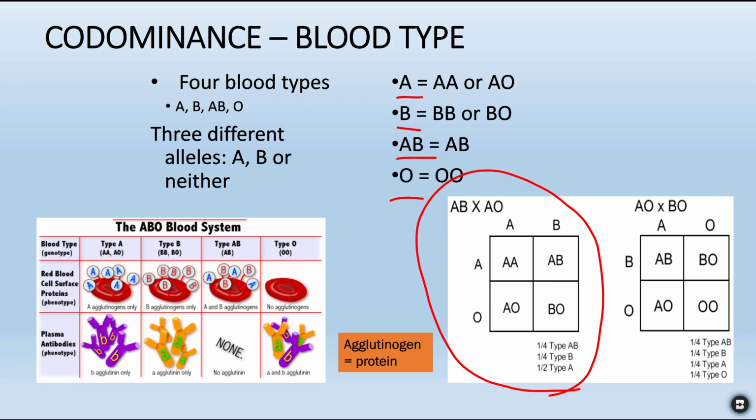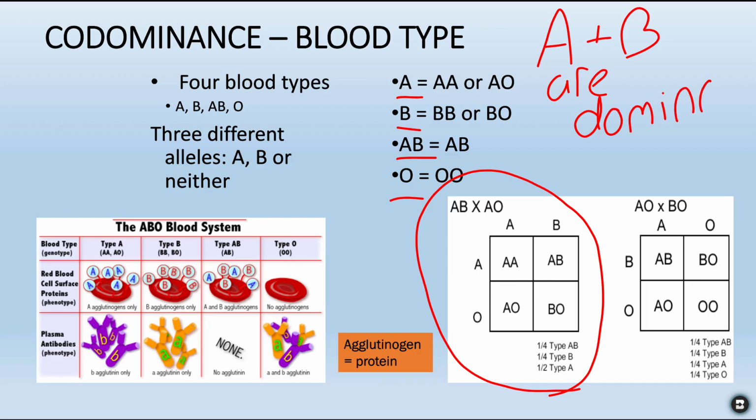Blood type is an example of codominance because both the A and B are dominant. So if there's an example like here where a child inherits a dominant A and a dominant B from a parent, then that means a child can actually show equal AB blood type.